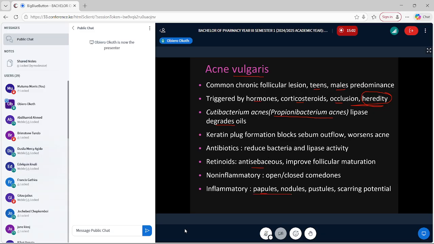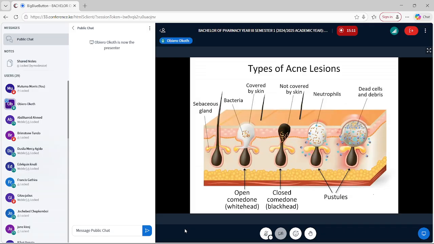You will get papules, nodules, you can get pustules, and eventually you have ulceration with the possibility of scarring. A black comedo, or blackhead, is a comedo that is not covered with skin. The black is the sebaceous material being oxidized and turning black.